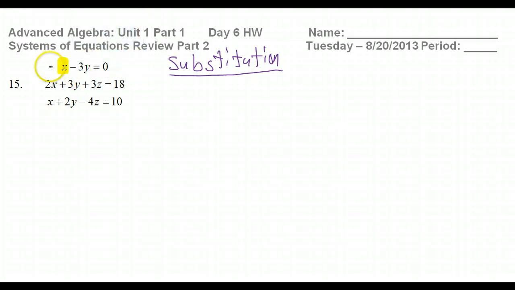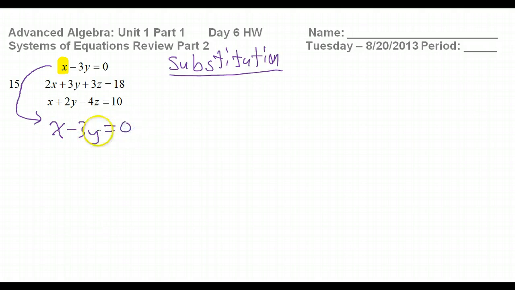Alright, I'm just going to recopy this equation down here. So I've got x minus 3y is equal to 0. Getting this x by itself, that's why I highlighted it, I could just add 3y to both sides. So that's going to give me x equals 3y.